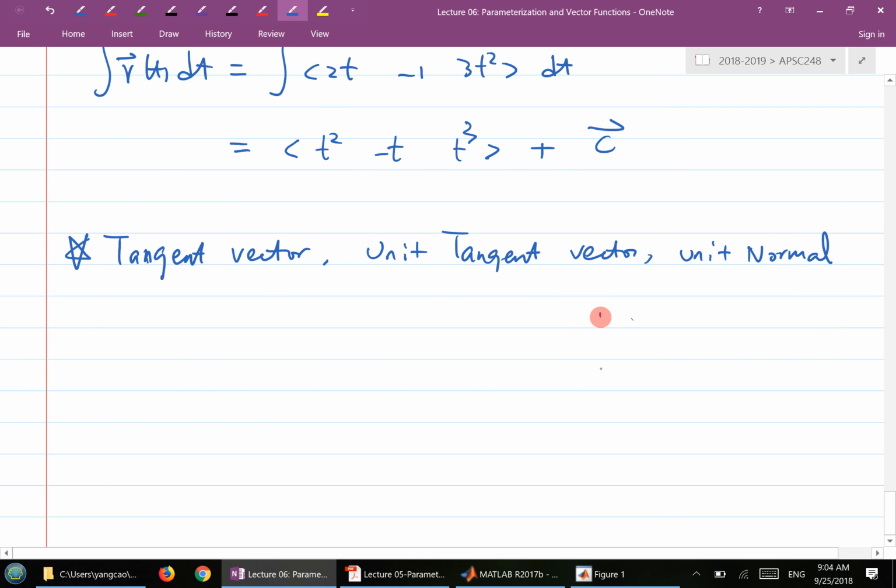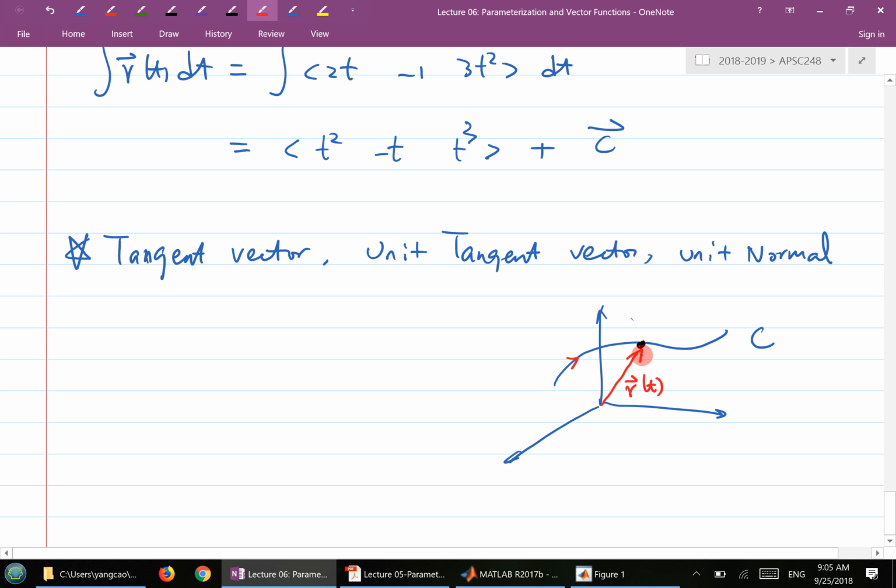So let's start with a curve C, and I'm going to pick a point on the curve C. For that particular point, there is a position vector.